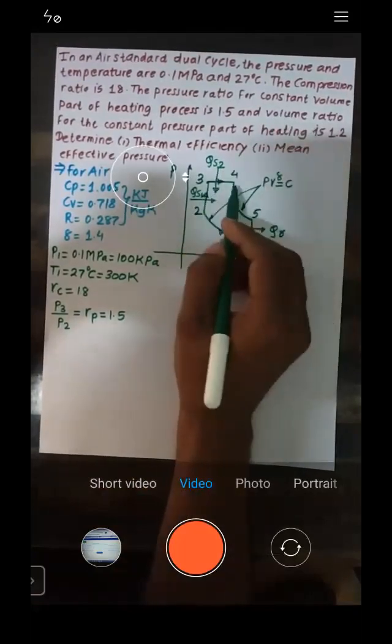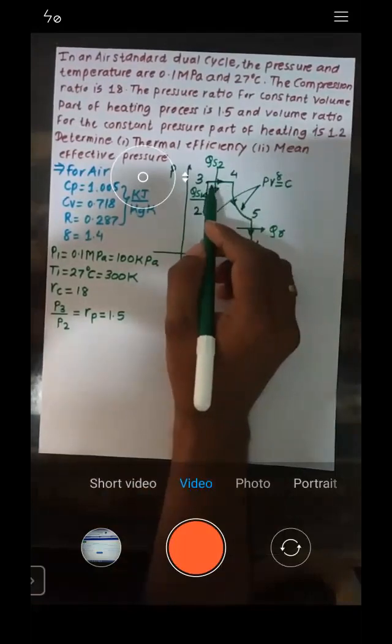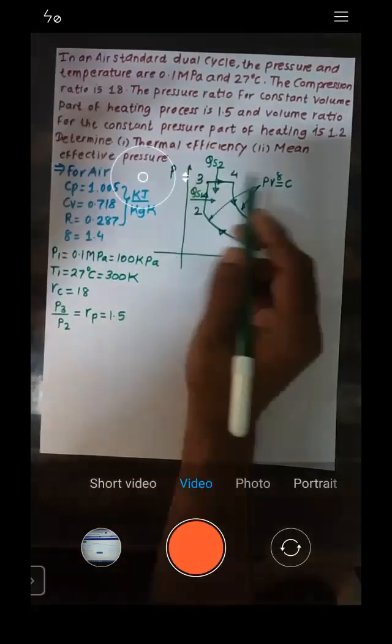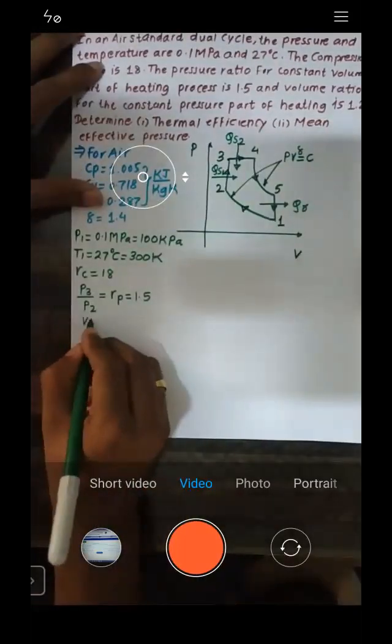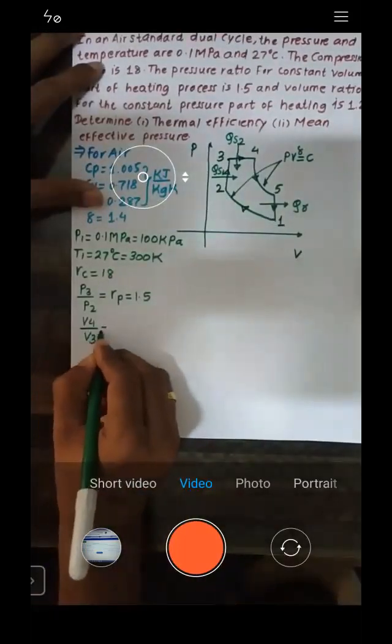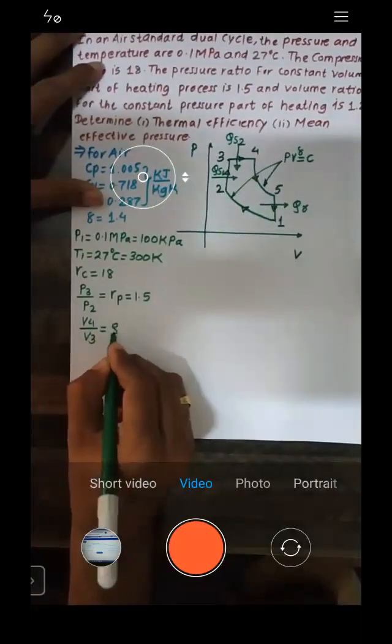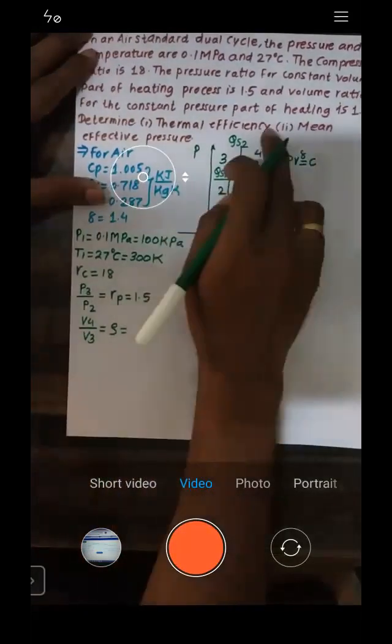Obviously, when the pressure is constant, volume will change. The ratio of V4 by V3, that we call the cutoff ratio rho, is given as 1.2.